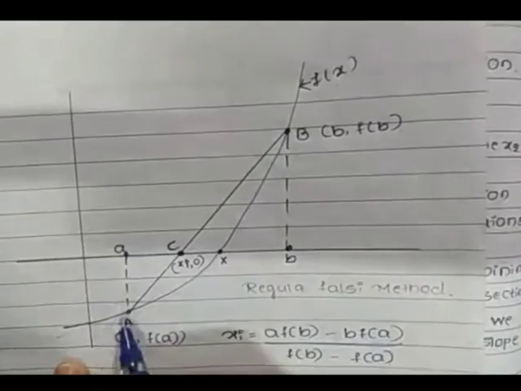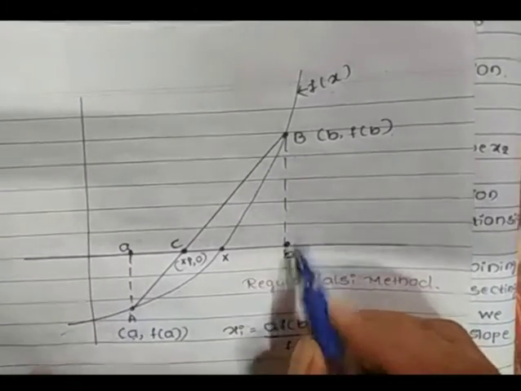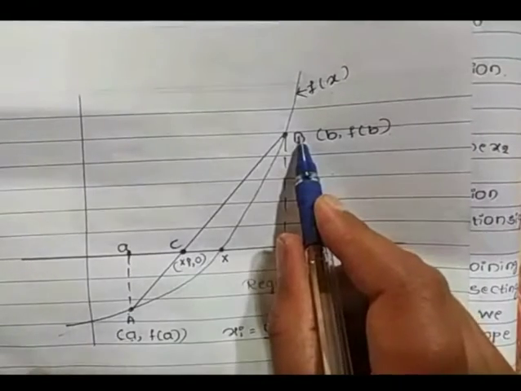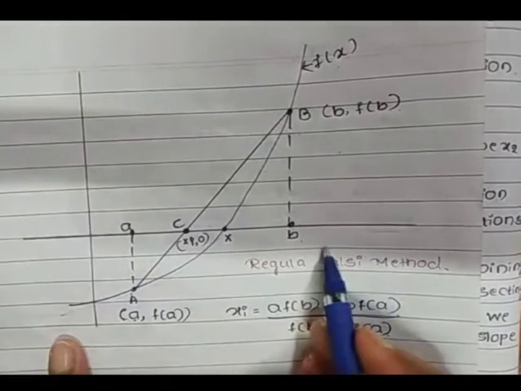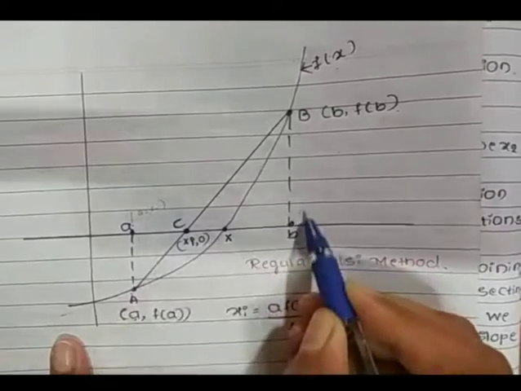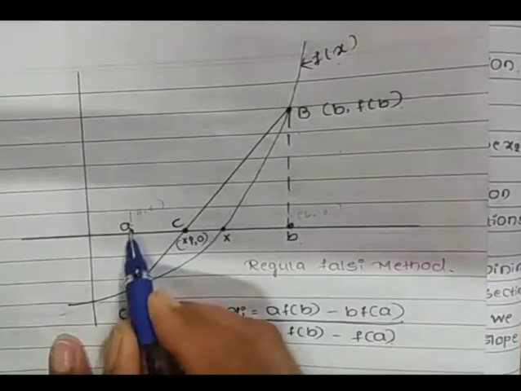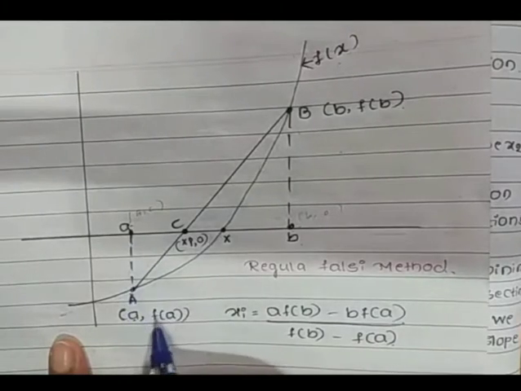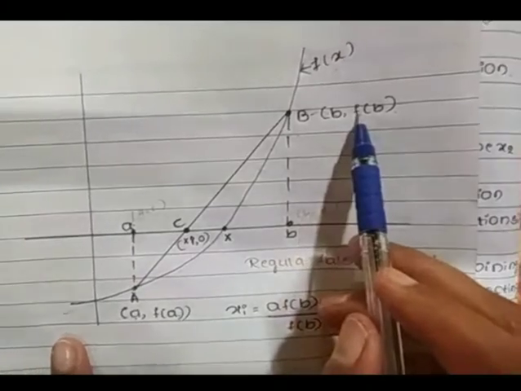For a, its f of a will be a negative value, and for b, its f of b should give us a positive value. So if we write the coordinate points along the x-axis, y value will be 0. So this is (a, 0) and here it is (b, 0). Then the next coordinate point here is a and then f of a. The B coordinate point is b comma f of b.